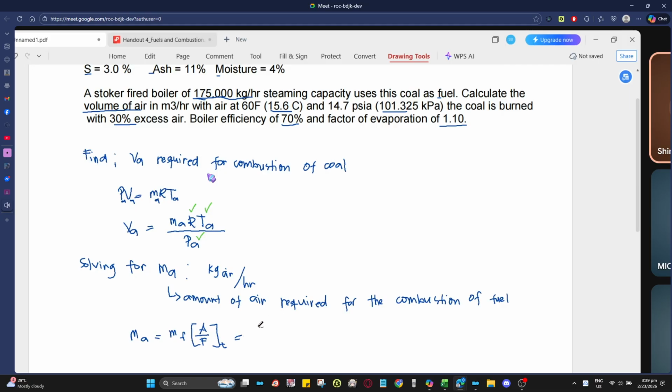So kung ato siyang mass of fuel, that is in kilogram, or air fuel ratio, kilogram of air divided by kilogram of fuel.